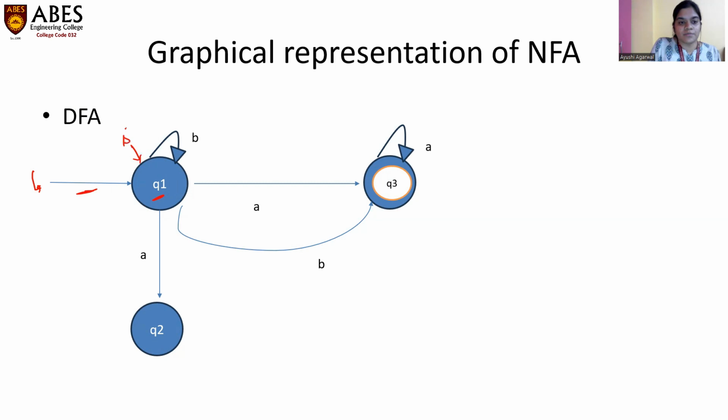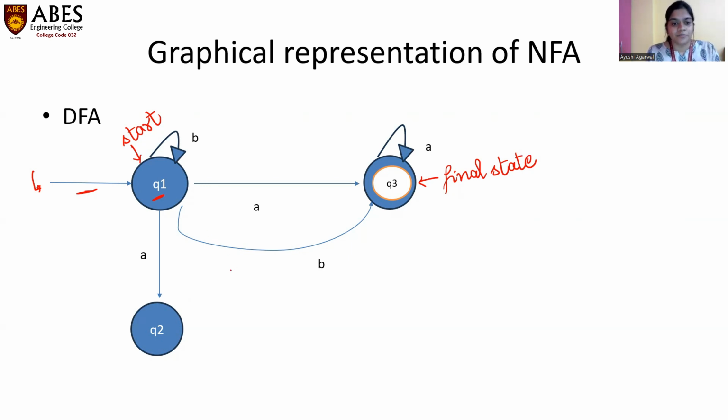In the same diagram, our state Q3 is the final state because it has double circles, or two circular structures together. And this state Q2 is an intermediate state. Intermediate states can be of any number as per the requirement of our finite automata machine.